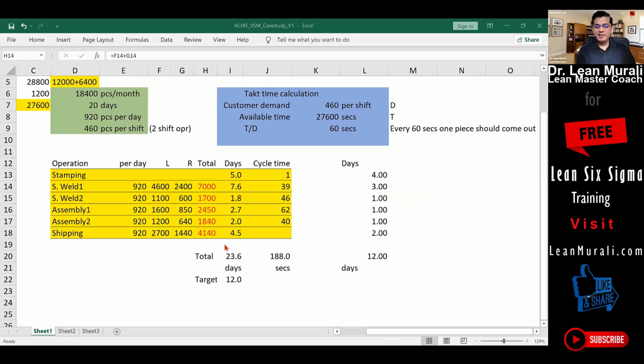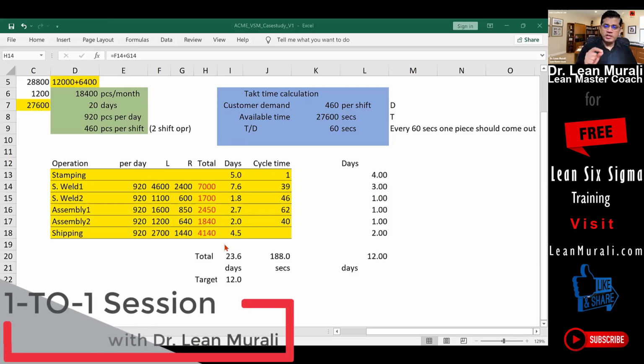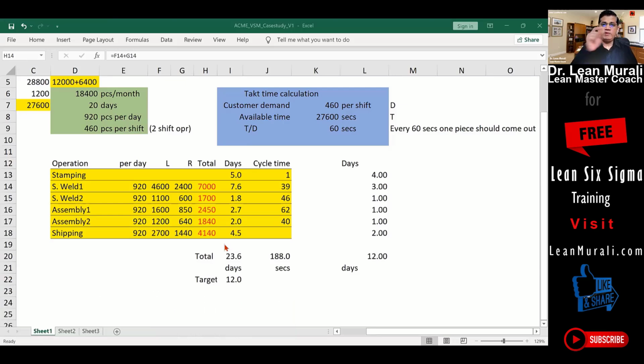Then you should definitely take a project, because the objective is not, all of you, if you're taking notes, please write this down: the objective is not to reduce the inventory in the beginning, but to reduce the variation of inventory. The objective is not to reduce the inventory, but to reduce the variation in inventory.